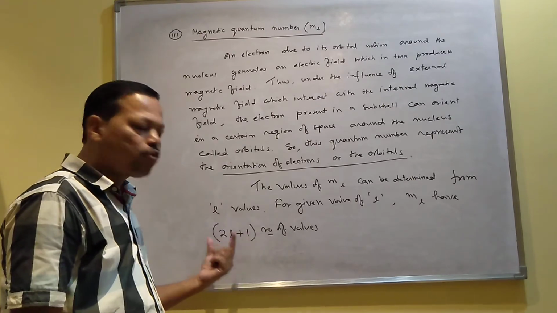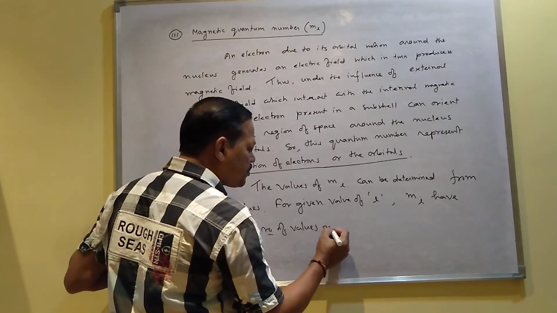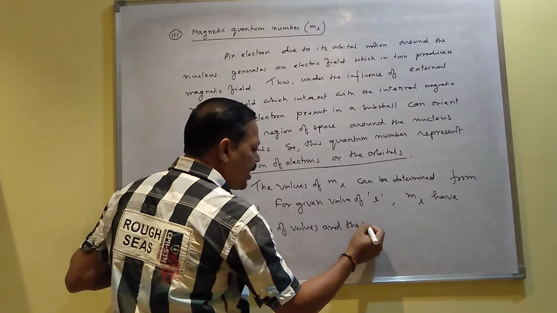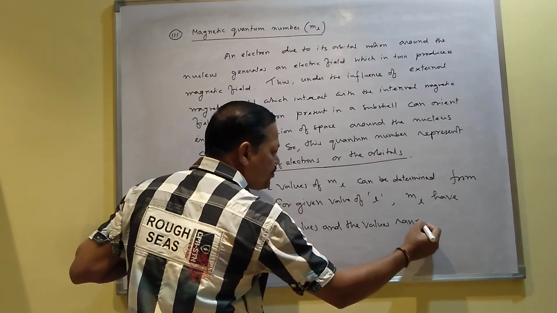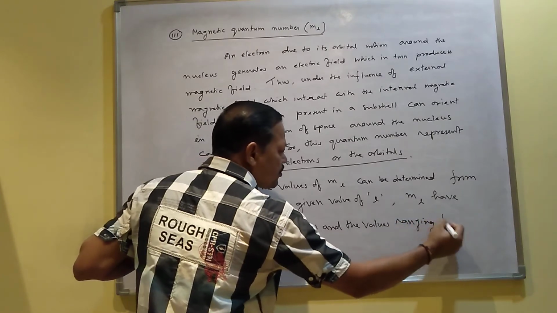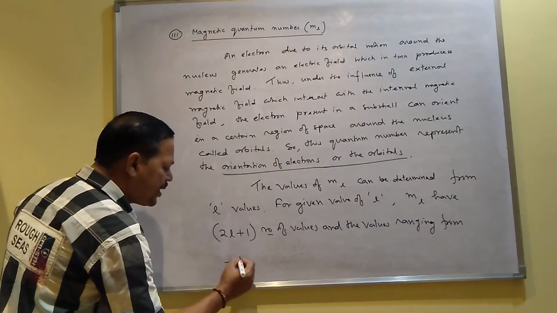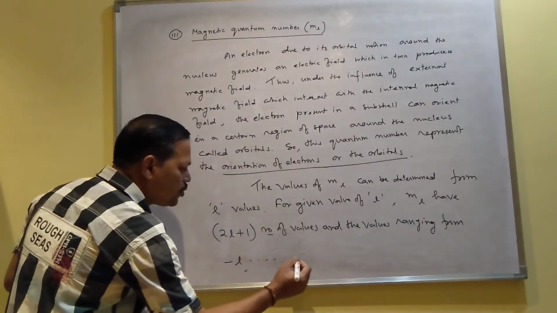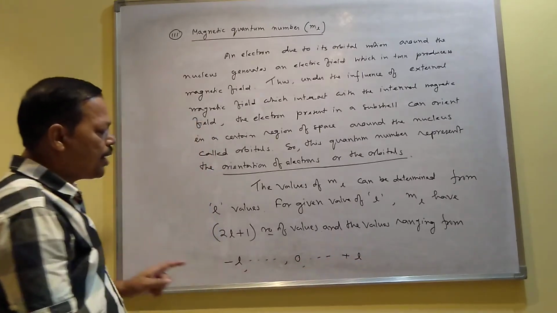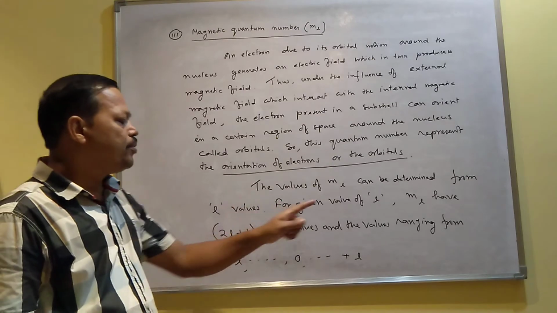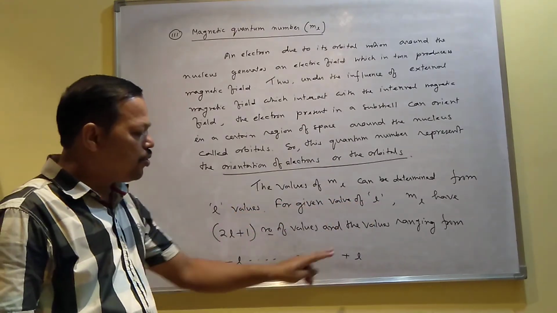This represents the total number of values, and the values range from minus L through 0 up to plus L. For example, if L is 1, then minus 1, 0, plus 1.